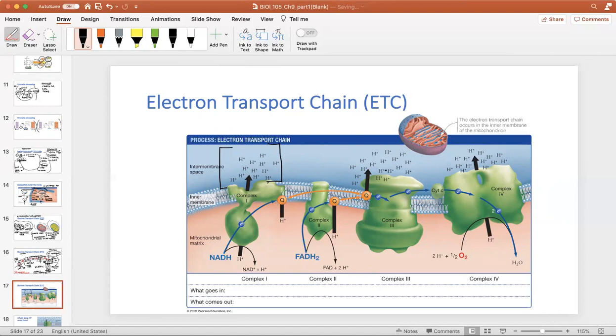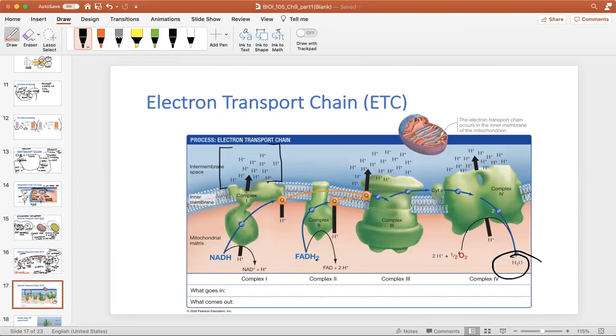We're going to use its energy to do some more pumping. We're going to move it over one more time, use some energy to do some more pumping. And then eventually these electrons are going to be exhausted and they're going to get dumped onto an oxygen, which will combine with some hydrogens to form water, okay?